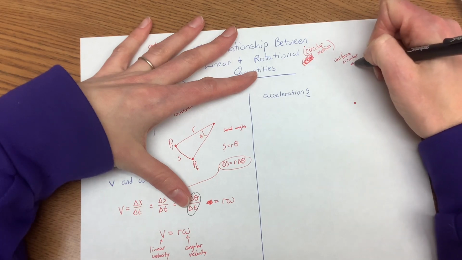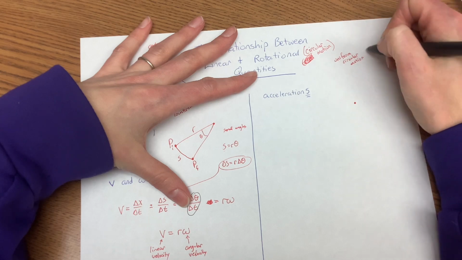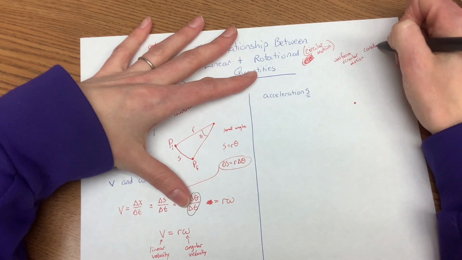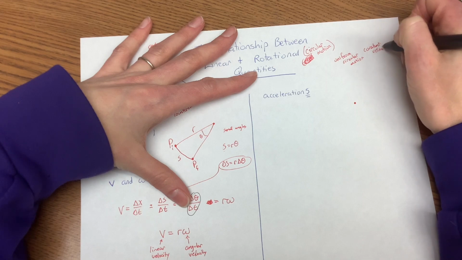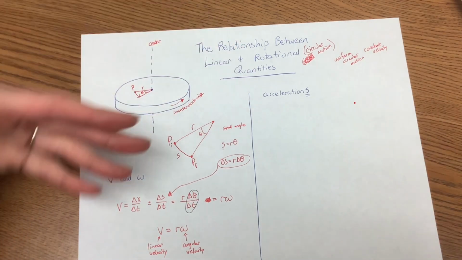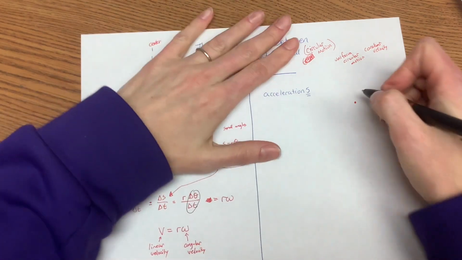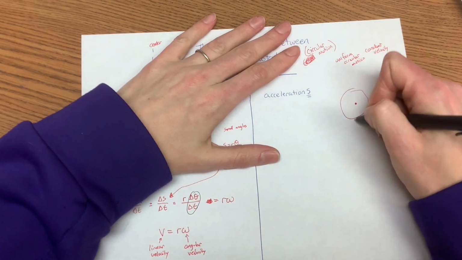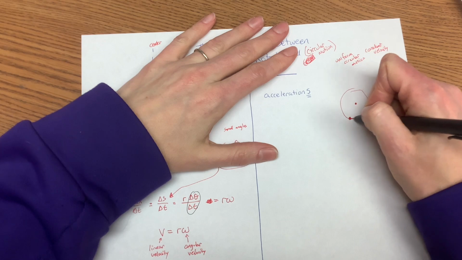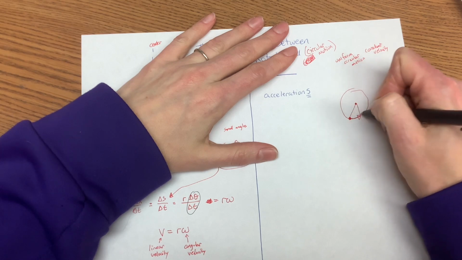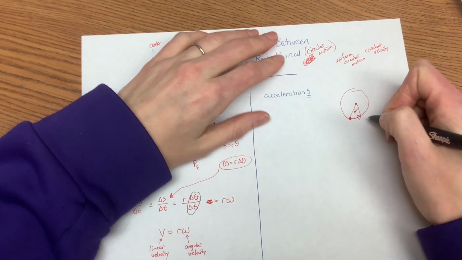And because of that, our object was going at a constant speed the whole time, and so we never had a change in velocity to talk about. So let me draw a circle here. Okay, so here's our point P, and it's going around through some angle.